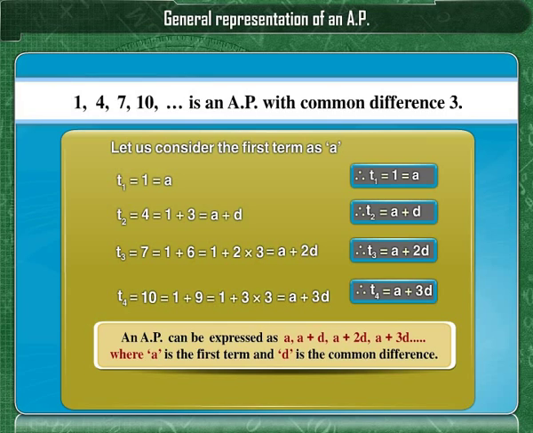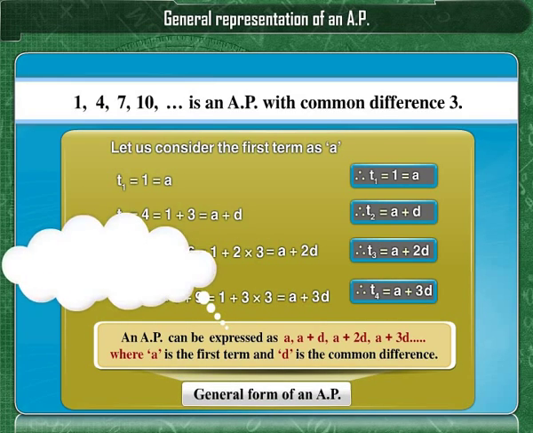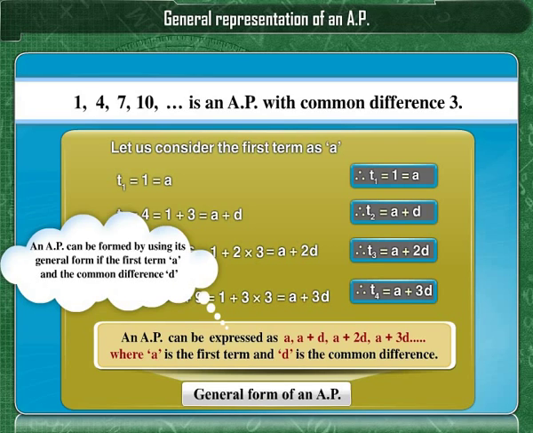This is known as the general form of an AP. Hence, an AP can be formed by using its general form if the first term A and the common difference D are given.